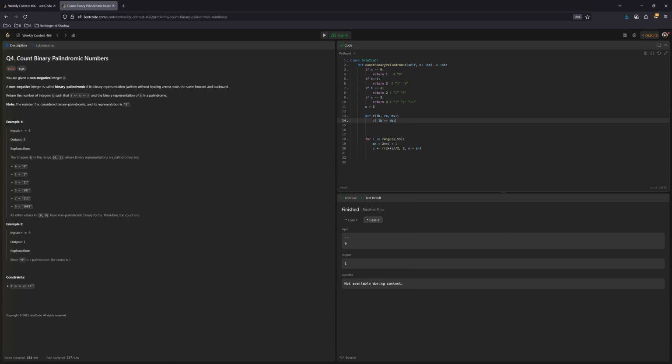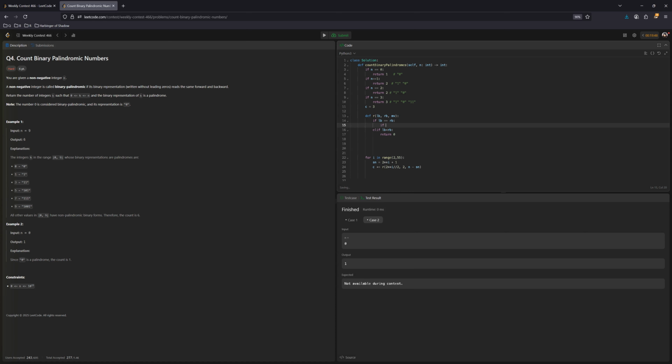Okay. If left bit equals right bit, then something. If left bit is less than right bit, then return 0. Otherwise, left bit is bigger than right bit, which it's supposed to be.